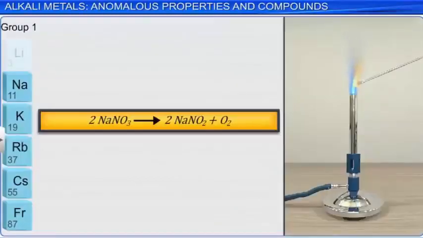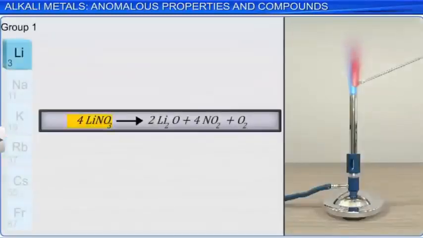This is shown in the equations. Lithium nitrate decomposes to form lithium oxide, nitrogen dioxide, and oxygen gas, whereas the decomposition of sodium nitrate yields sodium nitrite and oxygen gas.